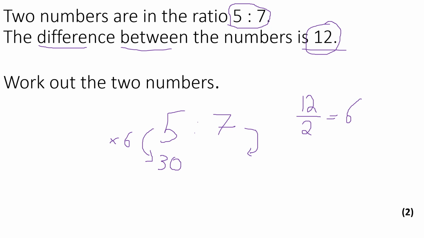So in theory now this question should give us then a number that is now 12 bigger. So 7 multiplied by 6 is 42. So we had a difference of 2 here. Now we have a difference of the 12. So when you're looking for the difference, it's the difference you want divided by the difference you've currently got. That number we can then use to multiply up.